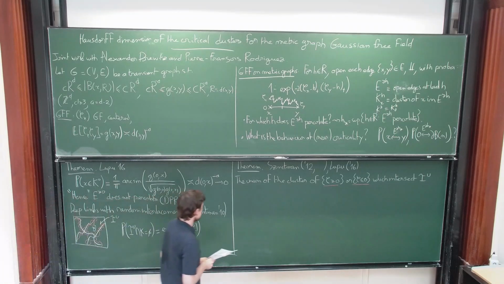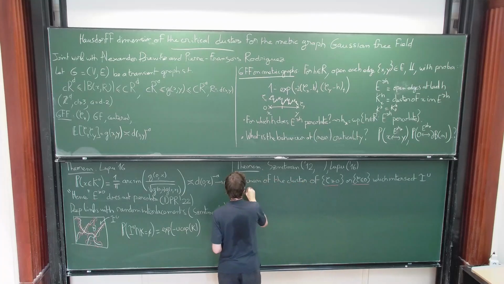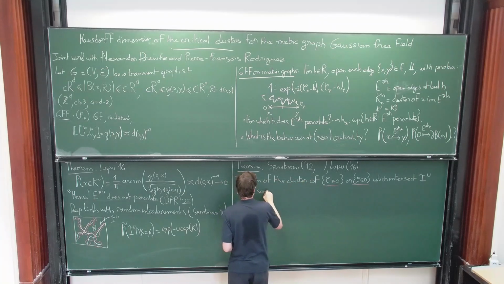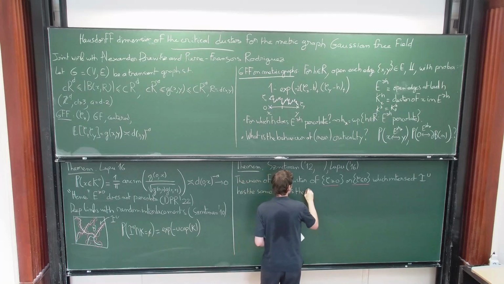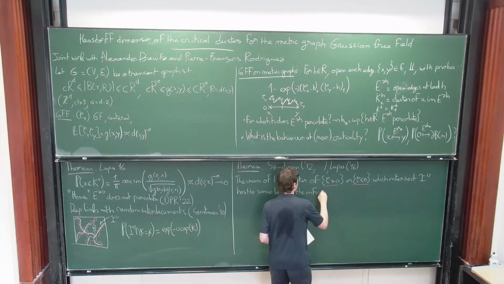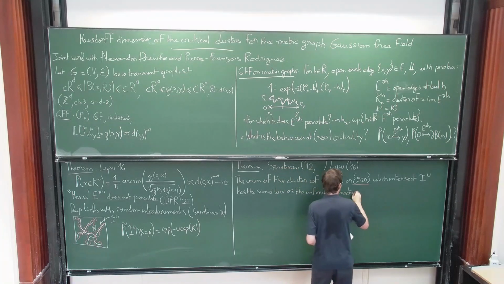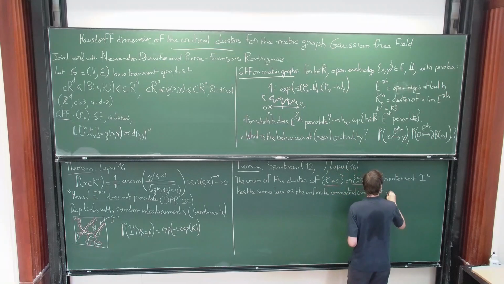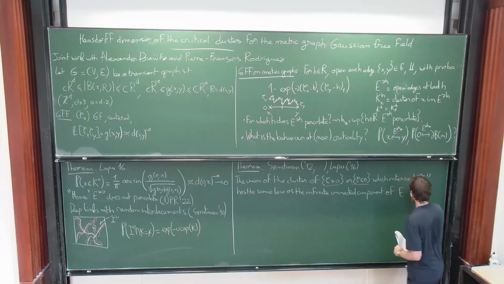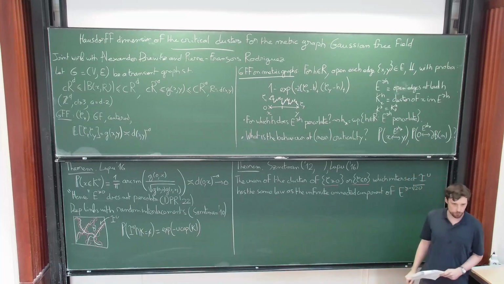And the theorem tells you that this union of clusters has the same law as the infinite connected component of the level set of the Gaussian field, but now at level minus square root of 2u.